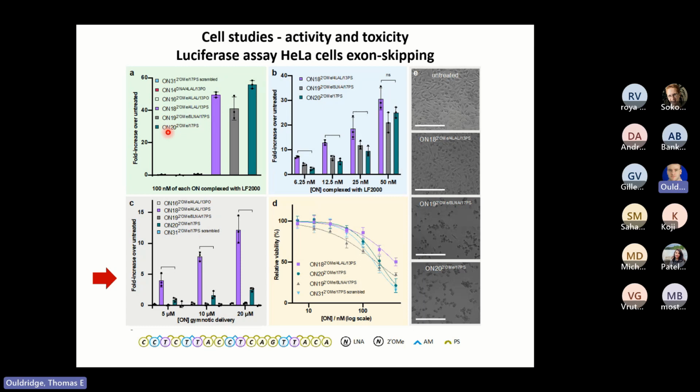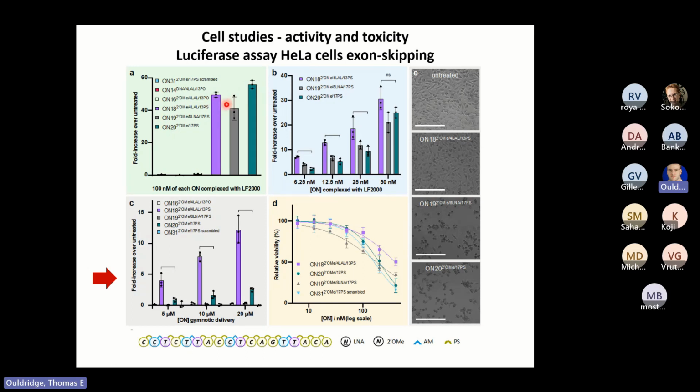So we have an oligonucleotide that contains phosphorothioates, which works, an oligonucleotide that contains LNA and phosphorothioates, which also works, and an oligonucleotide that contains amides, LNA and phosphorothioate, which also works. But none of the negative controls work at all because they don't contain phosphorothioates or they are the scramble.